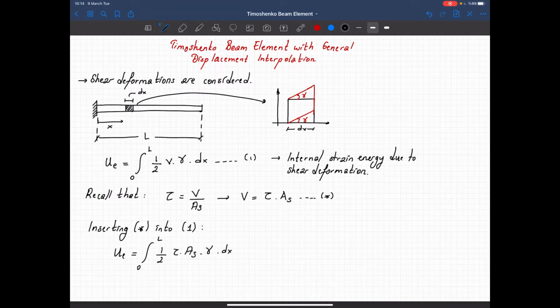And also recall that shear stress is equal to shear modulus times shear strain. So now I'll call this equation as plus, this equation as plus plus.